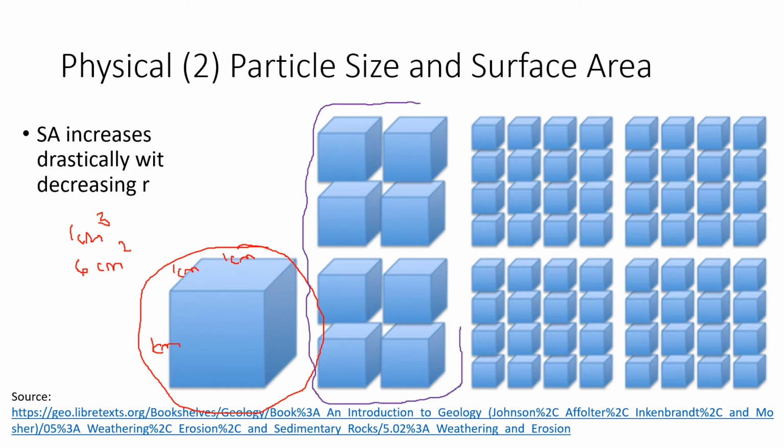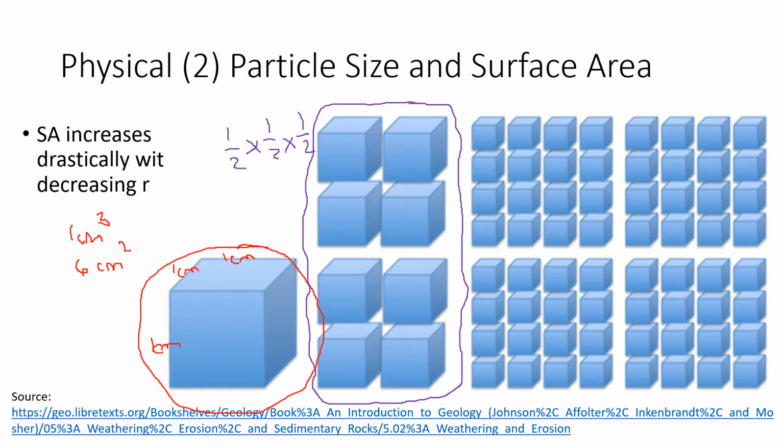So what I have here is I've cut it in half along each side. Okay? So each of my little cubes here is 1/2 by 1/2 by 1/2, right? Centimeters here.